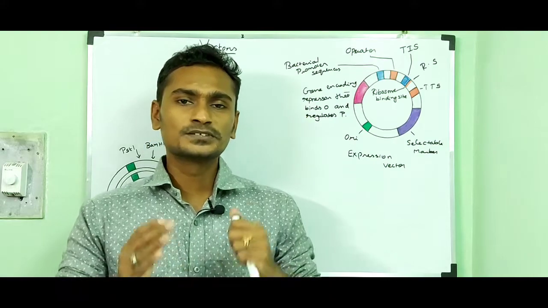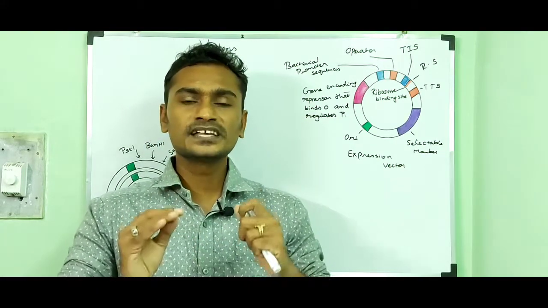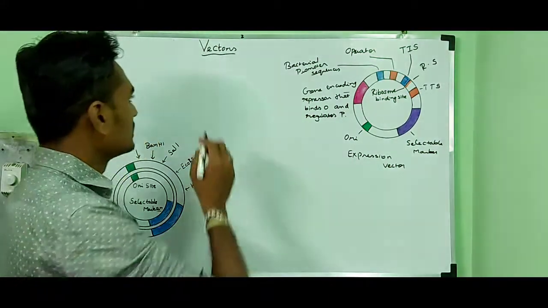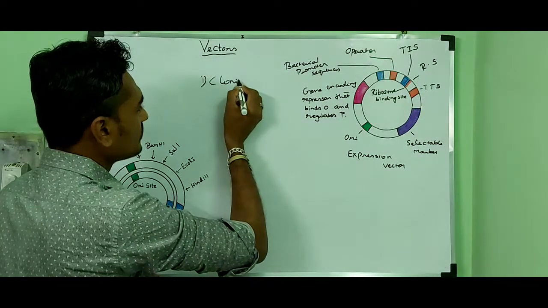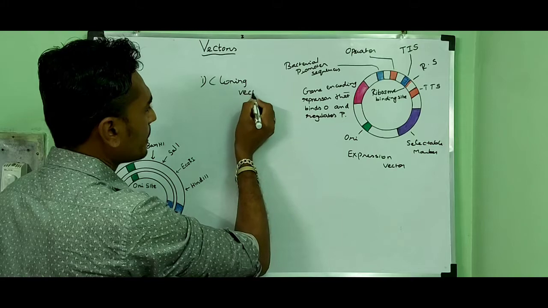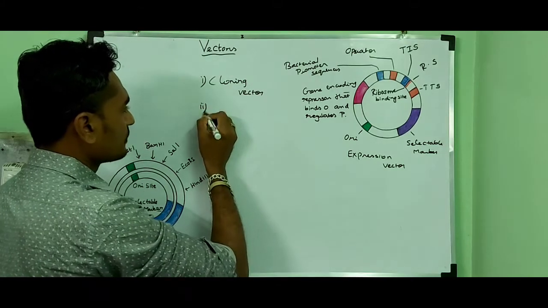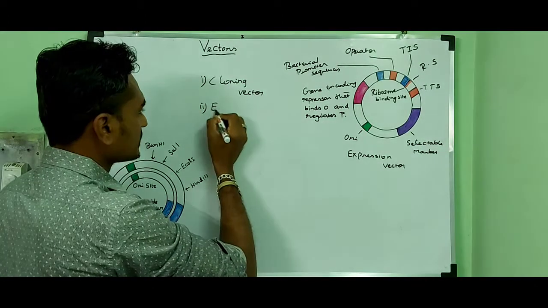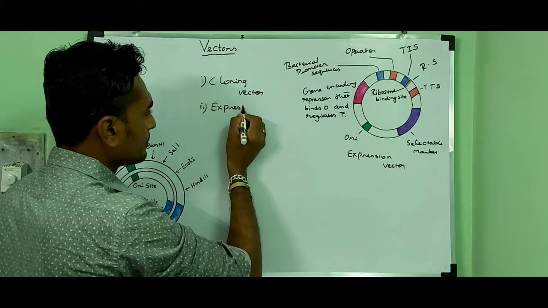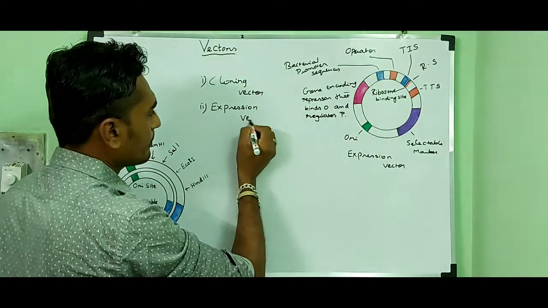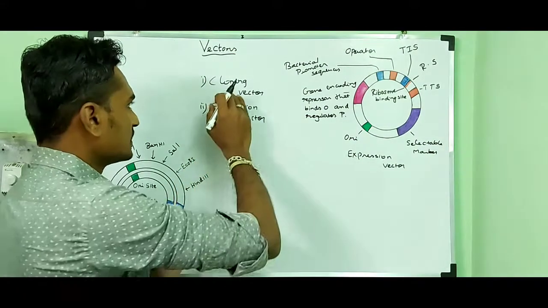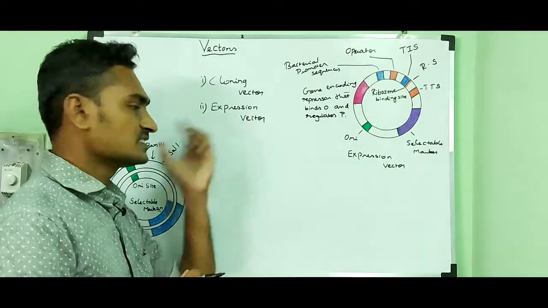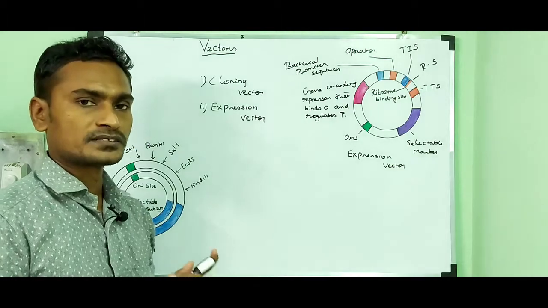Let me tell about the two types of vectors based on their function. They are cloning vector and the second one is expression vector. So I give you the definition and the difference between these two vectors.